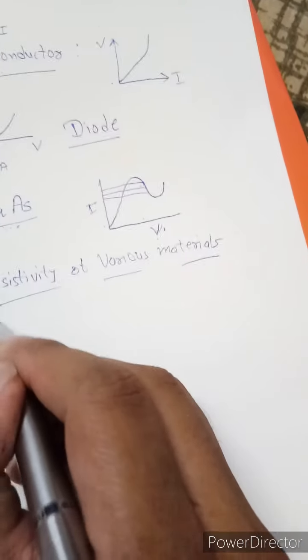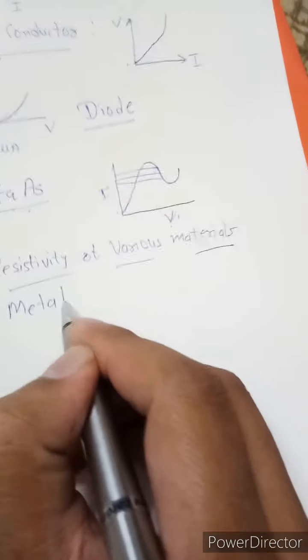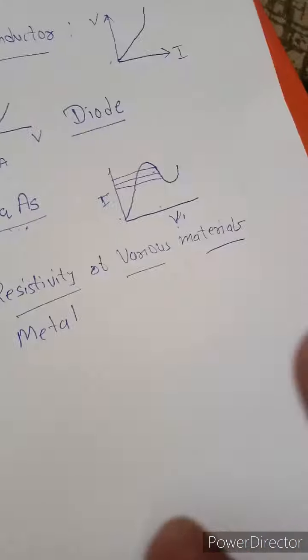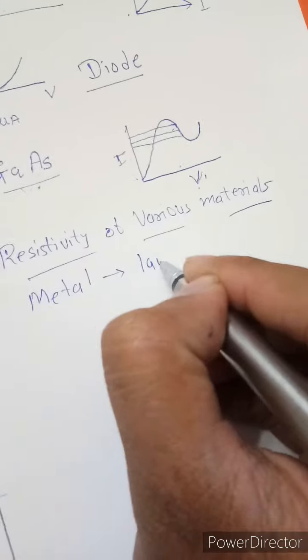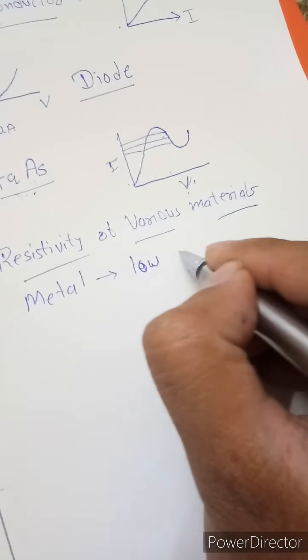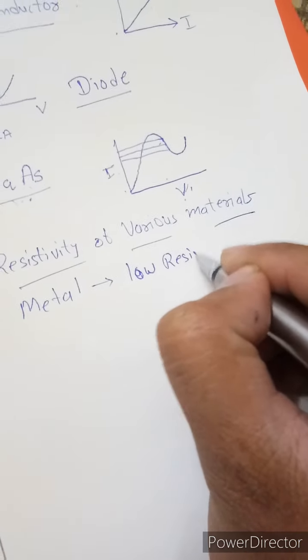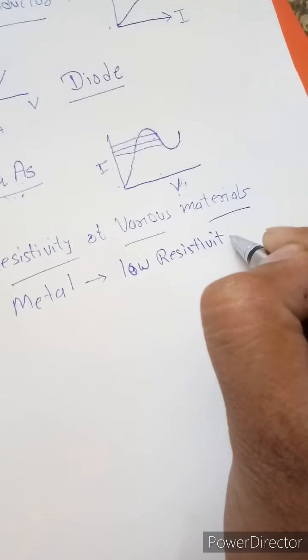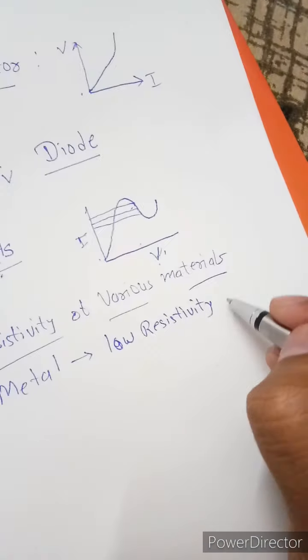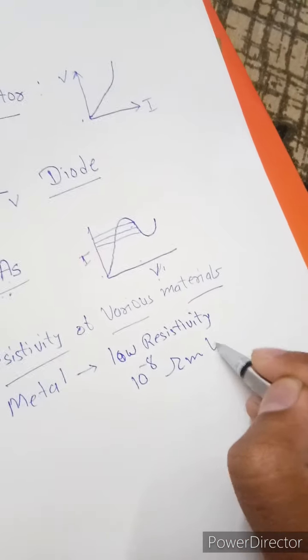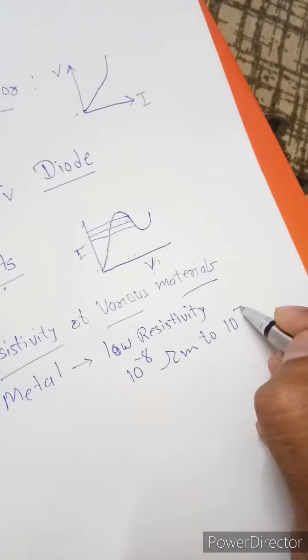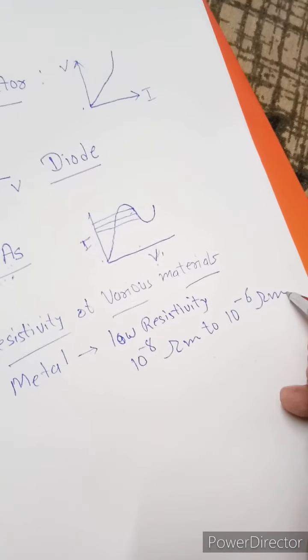Metals have low resistivity, in the range of 10⁻⁸ ohm meter to 10⁻⁶ ohm meter.